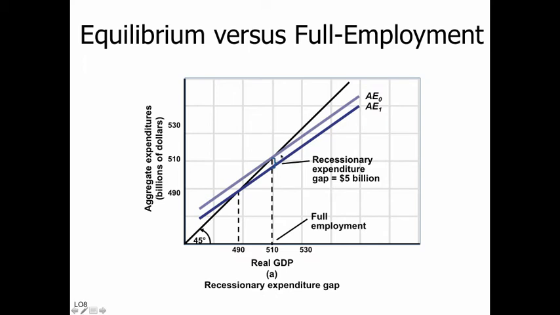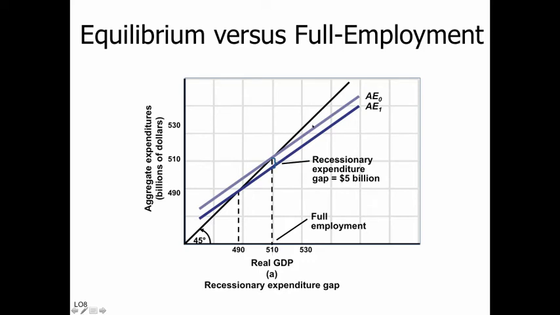So when the current level of spending is below what is required to put the economy at full employment, we call that a recessionary expenditure gap. And what the recessionary gap looks at is not this distance here. This is how we know that we're in a recessionary gap situation where the current level of GDP is below full employment.